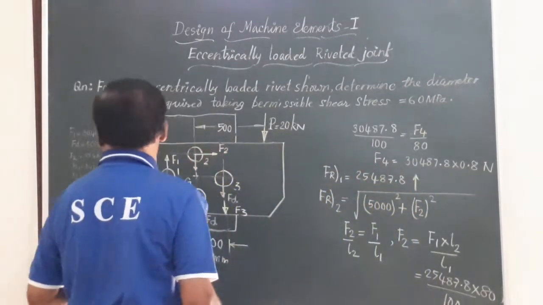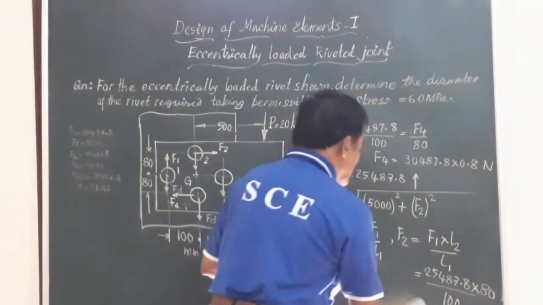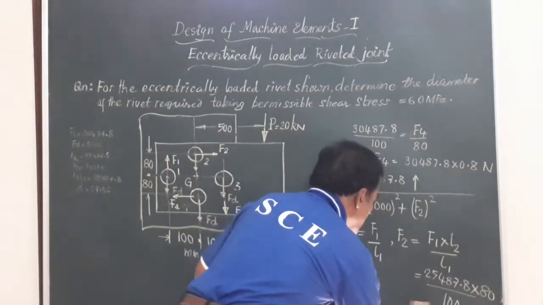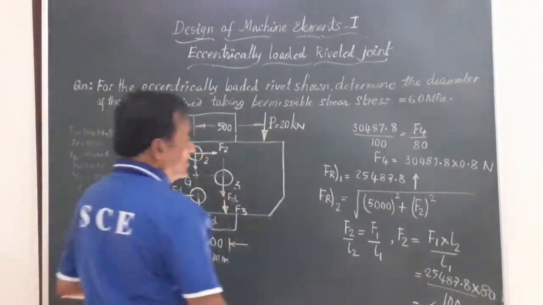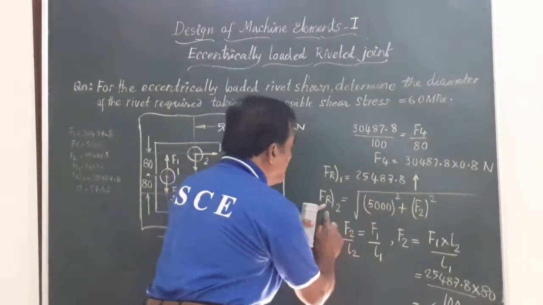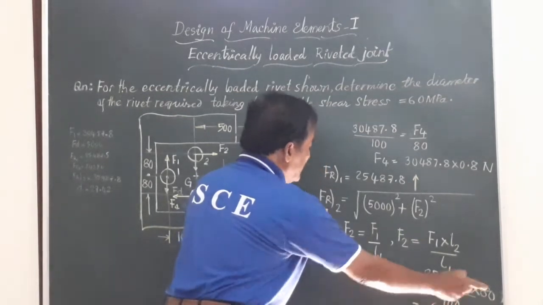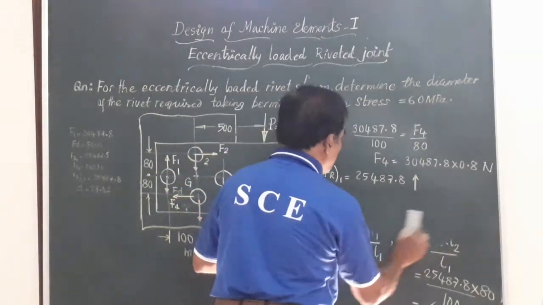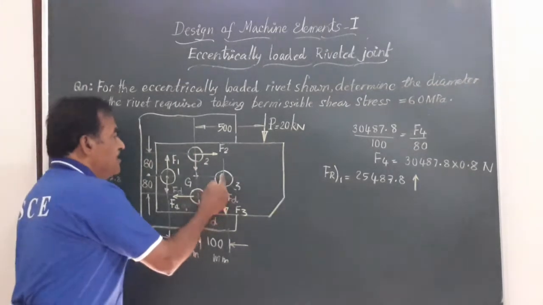If you simplify this, this value will be 0.8 times that. So obviously Fr1 will have a higher value compared to Fr2, which is only 80% of that, approximately 20,000 plus.